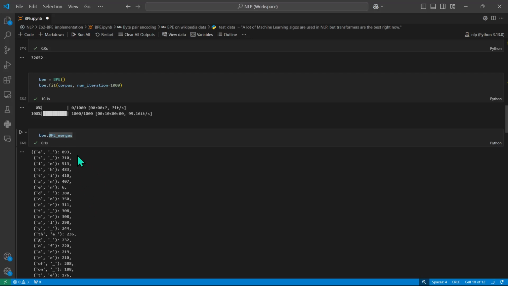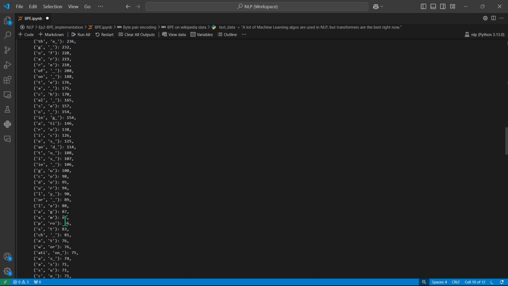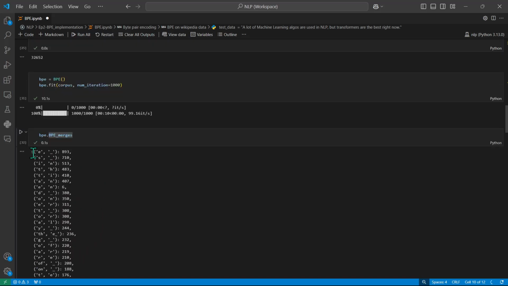The average frequencies that we are seeing in the front are quite large, but as we go down, more in depth, we can see the frequencies are dropping. So E underscore has a frequency of 893, meaning that in our corpus there are a lot of words ending with E, ending with S, having IN together. So all these things, right?